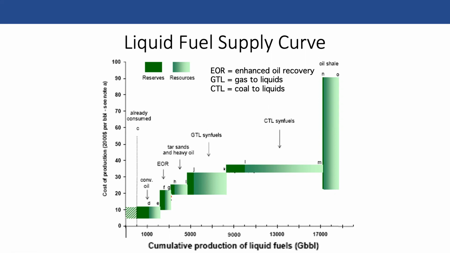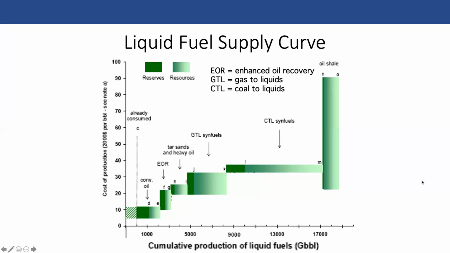So hopefully, if you're comprehending what's going on in this slide, it gives a nice overview of the different methods by which we can extract the oil, how much it costs, and the order in which we would do them based on cost.